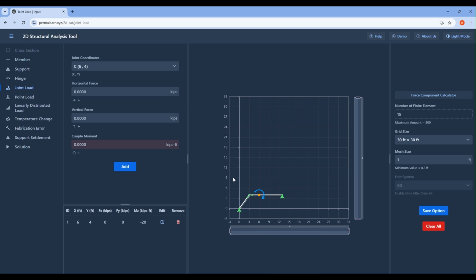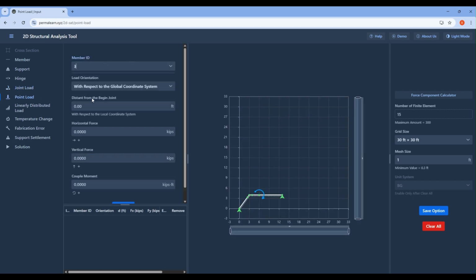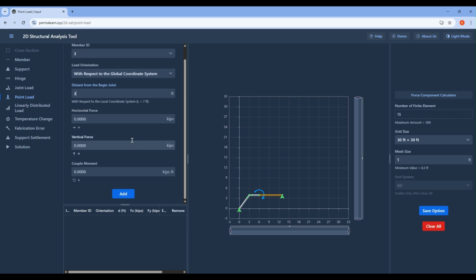And we also have a uniform load from point C to point D, but we use the point load here, the last member 3 with the global load orientation, and the distance from point C is 3 feet, so I click 3. Oh sorry, it's not the point load, but the linear distributed load.